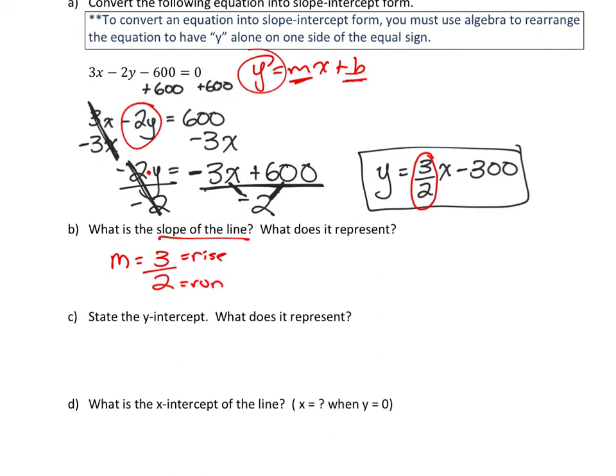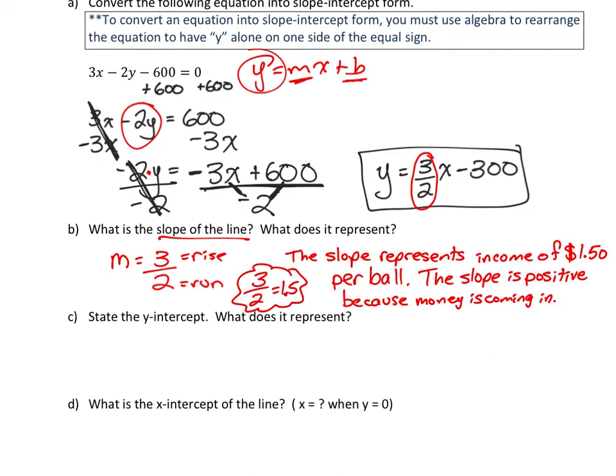So the slope is representing the rate that they're making money per ball. The slope is equal to 3 over 2, which is 1.5, so the slope is representing an income of $1.50 per ball. The slope is positive because money is coming in.